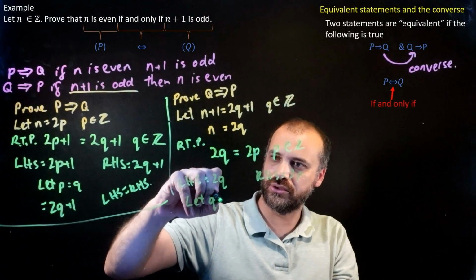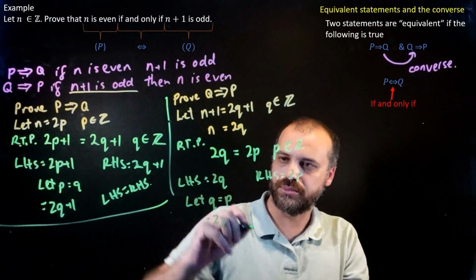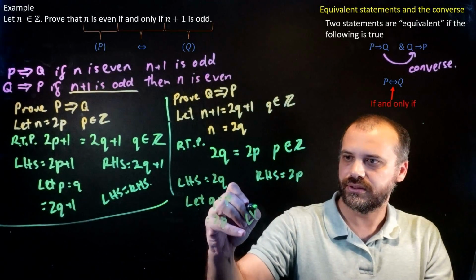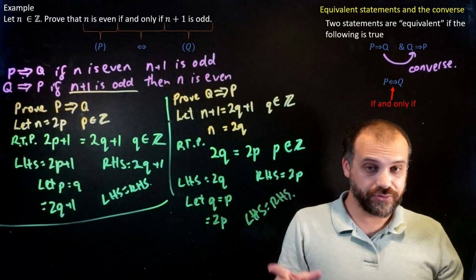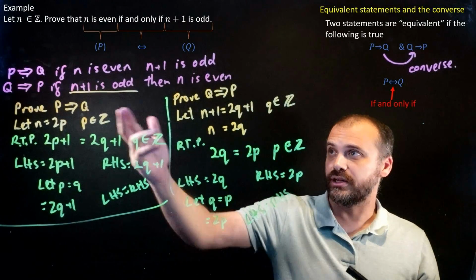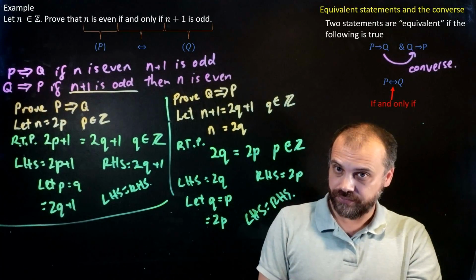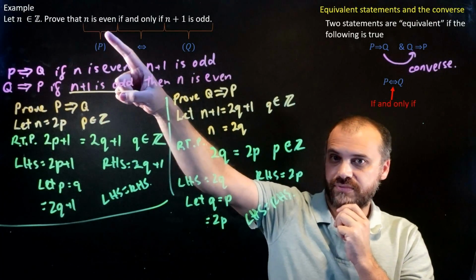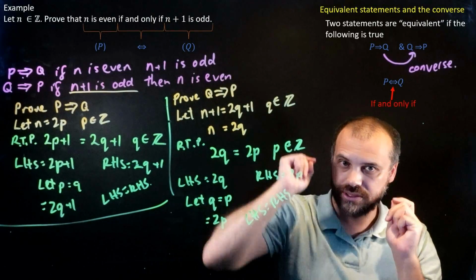Let q equal p, 2p, done. Left-hand side equals right-hand side. So we have proven that if n is even, n plus 1 is odd. We have also proven that if n plus 1 is odd, then n is even. So we have proven that n is even if and only if n plus 1 is odd.